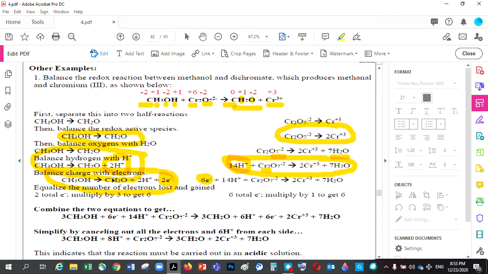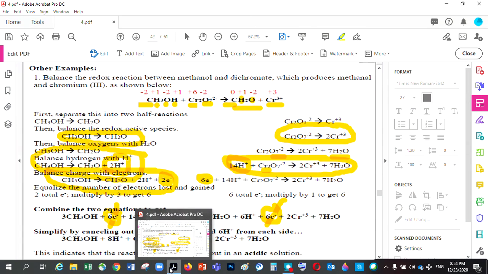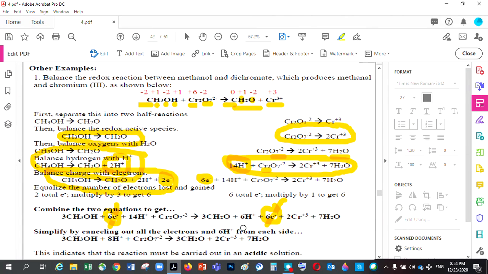So 3 methanol plus 6 electrons plus 14 H+ plus dichromate will give you 3 formaldehyde, 6 H+, 6 electrons, 2 Cr3+ plus 7 H2O. The 6 electrons on the product side cancel with the 6 on the reactant side, and I can cancel the 6 protons in the product with the 14 in the reactant.